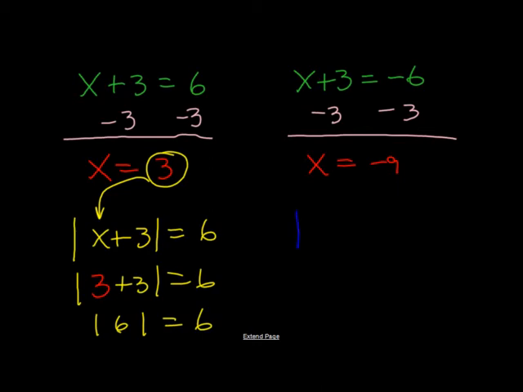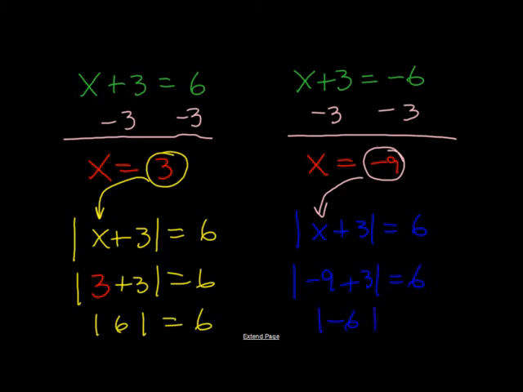Again, we're going to take -9 and put it in here. So we have absolute value of -9 plus 3 equals 6. Well, -9 plus 3 is -6. So the absolute value of -6 equals 6. And that answer checks. Both our answers check, so obviously we did our work correctly.